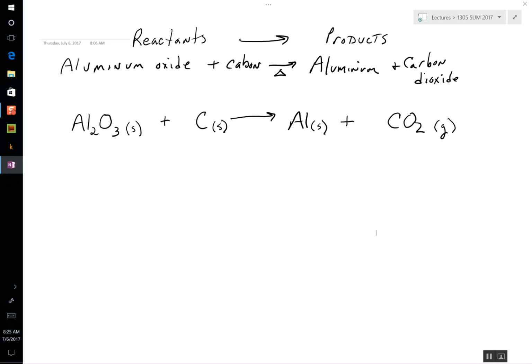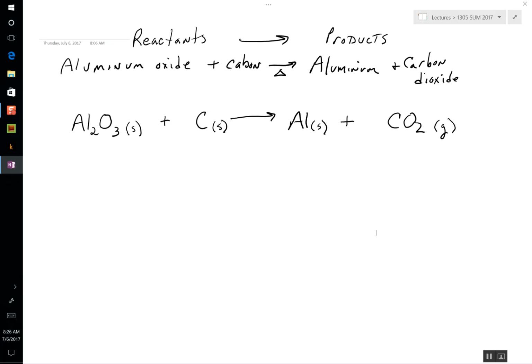Balancing the equation. Number one, what do we mean by balancing the equation? We want the same number of aluminums, carbons, and oxygens represented on both sides of this equation. The law of conservation of mass basically says that a chemical reaction will not create nor destroy matter.